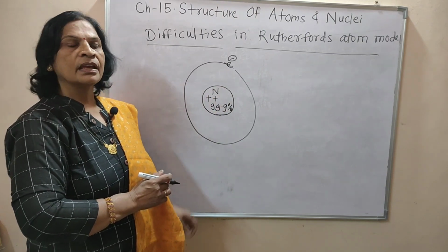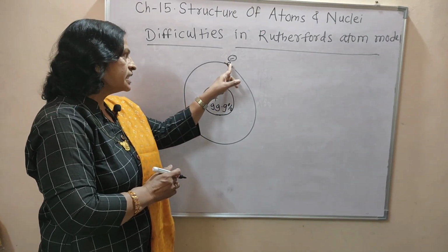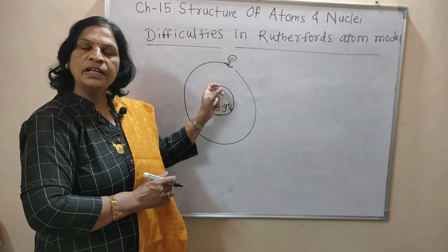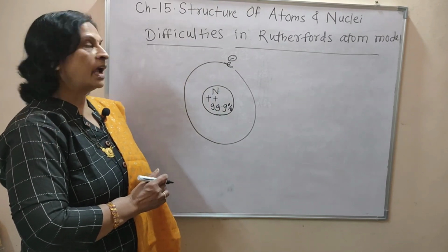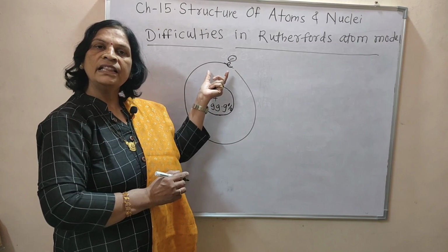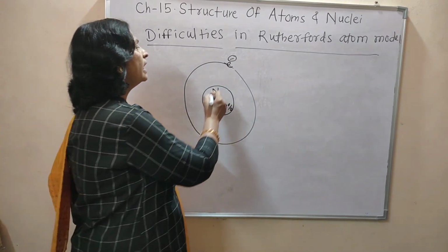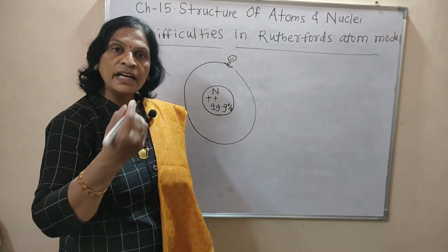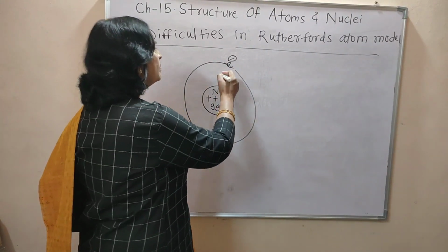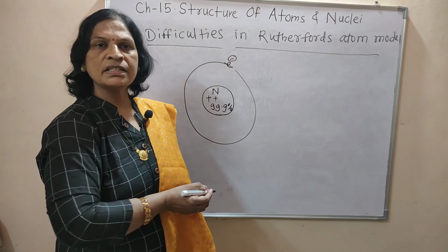The electron is an accelerated charge performing circular motion, and according to Maxwell's theory of electromagnetic radiation, an accelerating charge always radiates energy.